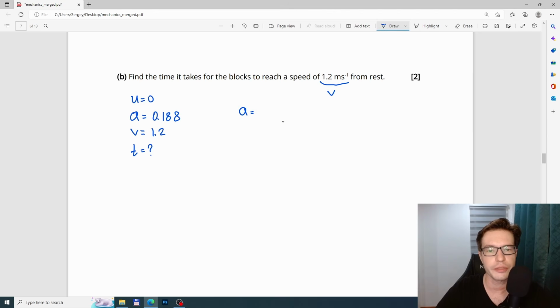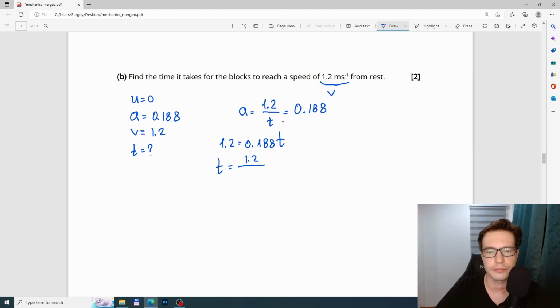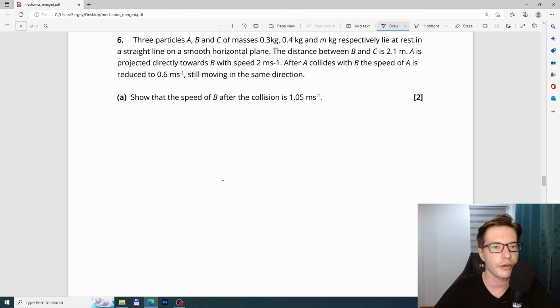So acceleration is the change in velocity, so 1.2 minus initial velocity 0, over time, which we're looking for, and that should be equal to 0.188. Now multiply both sides by t. And then from here we can find t. 6.38.